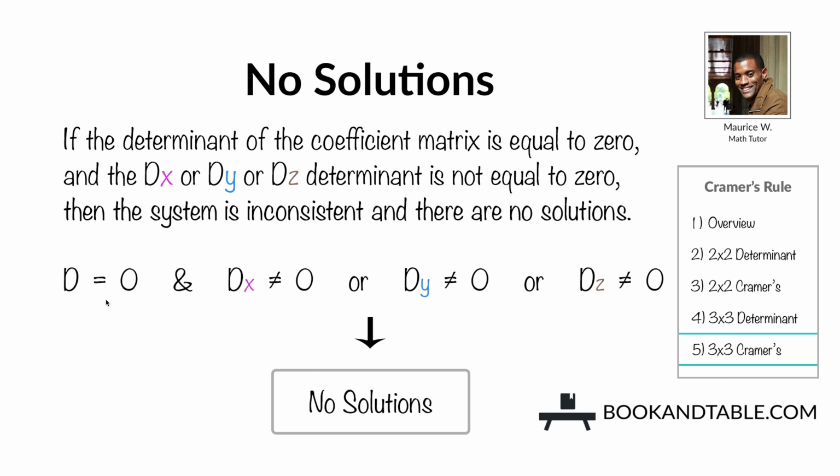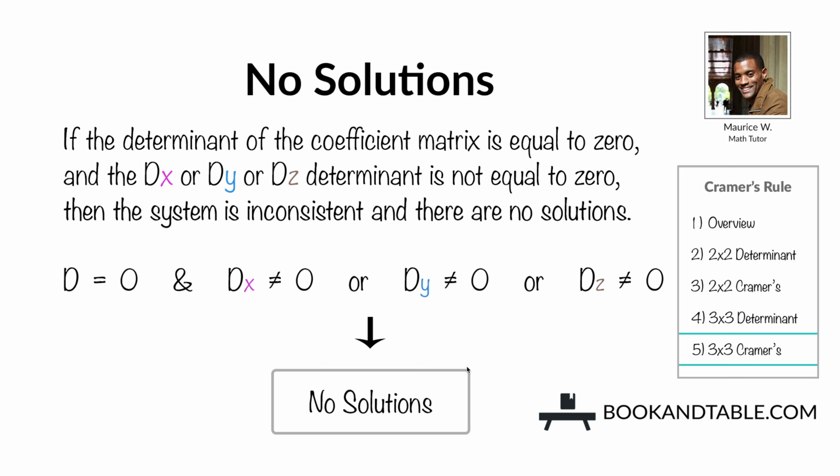So for this one, we need d to equal 0, and then any of these three, either dx or dy or dz, if any of them are not equal to 0, so if dz is equal to 1, or if dy is equal to -1, or if dx is equal to 2, if any of these are not 0, then there are no solutions to the system. If they're all 0, infinite solutions. If one of them is not 0, then it's no solutions. And for both, d must be equal to 0.